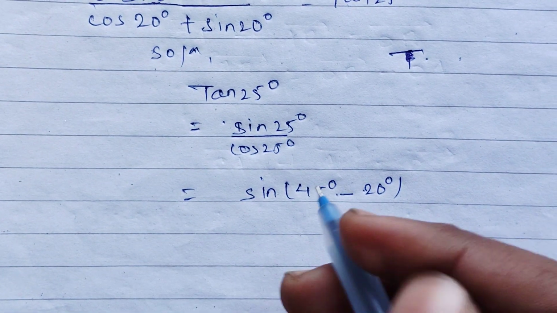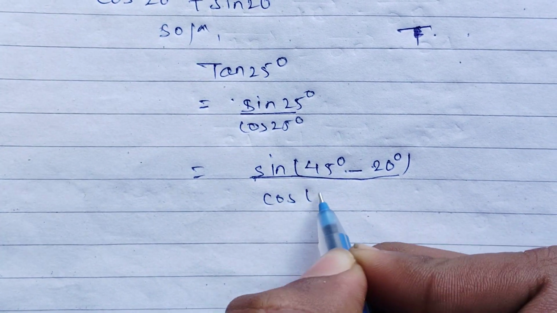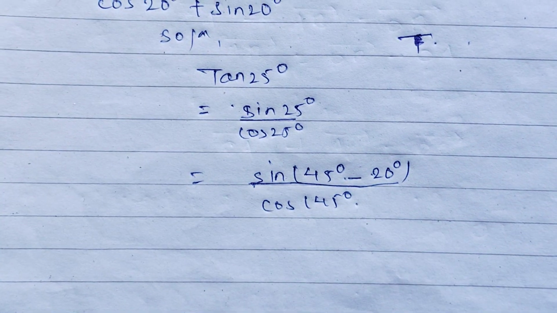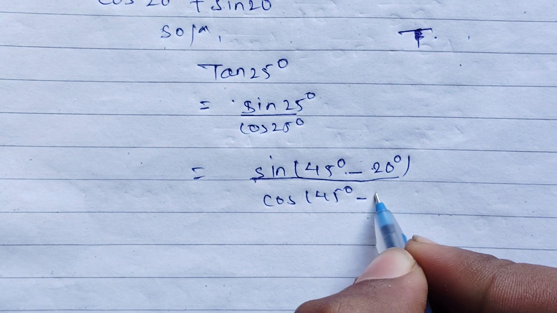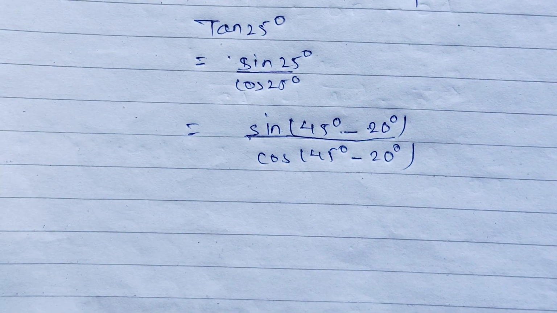Yes or no? Yes. The denominator is also cos of (45 minus 20 degrees). And here we know the formula.